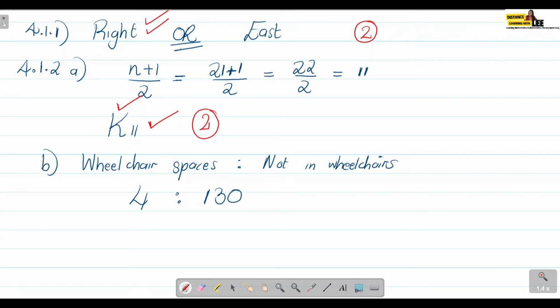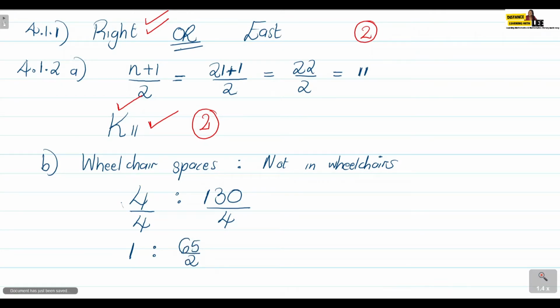And all that we need to do, guys, because we know in ratios it's usually 1 is to something, is divide by 4, because what you do on the left-hand side, you also need to do on the right-hand side. So if you divide by 4, it's going to be 1 is to 130 divided by 4, which gives you 65 over 2, right? So it's going to be 65 divided by 2.